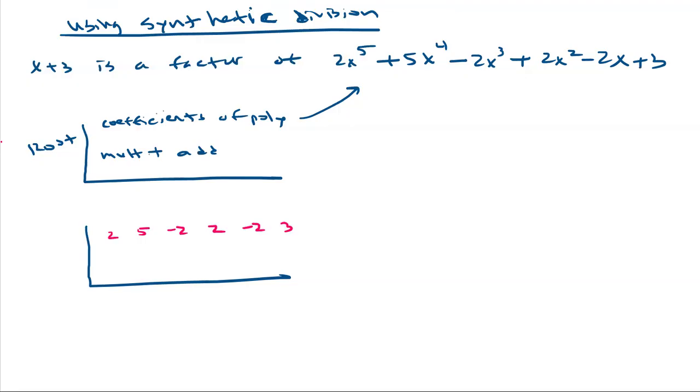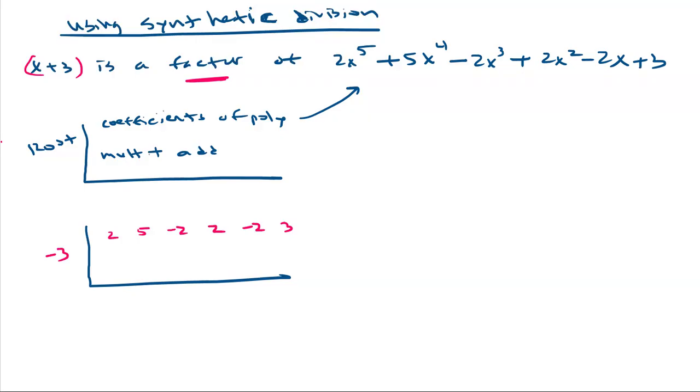And then I'm going to put the root. So remember, x plus 3 is a factor. If I want the root, I have to set it equal to 0 and solve for x. So in this case, my root will be -3. And I'm trying to see whether this root is a factor of this.